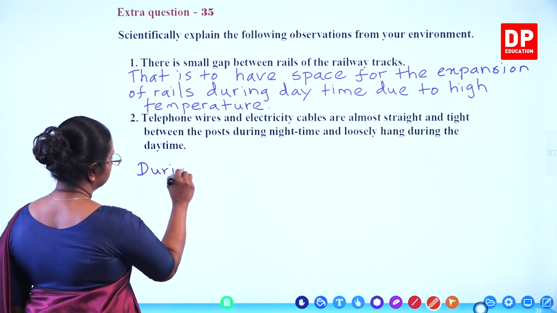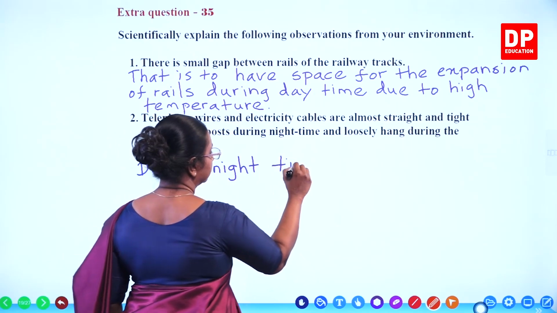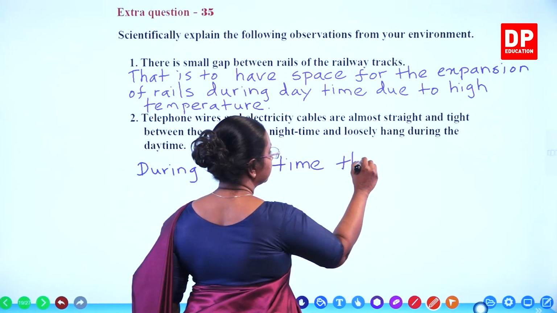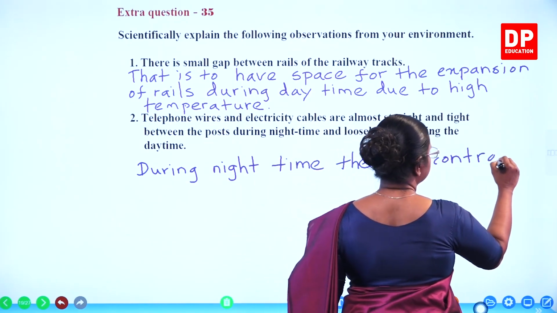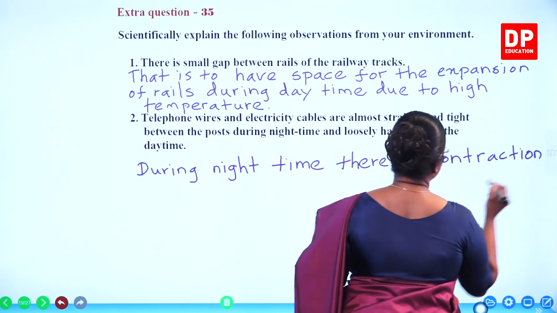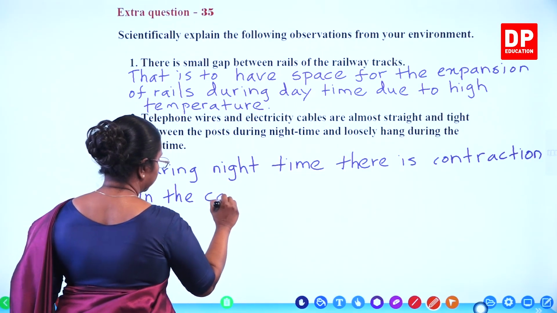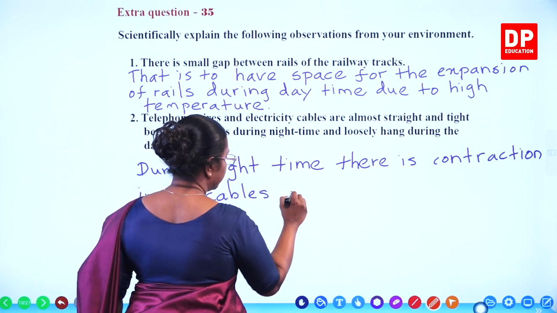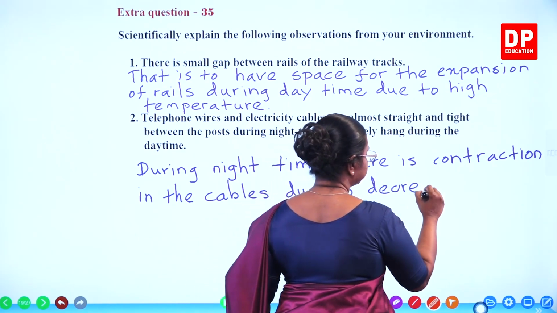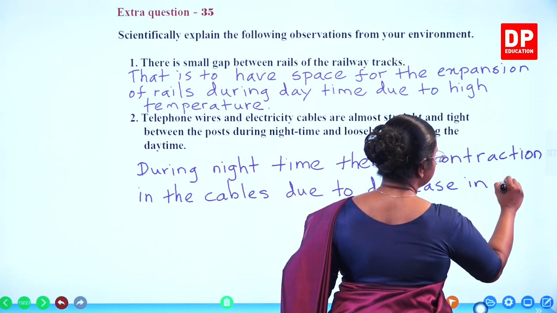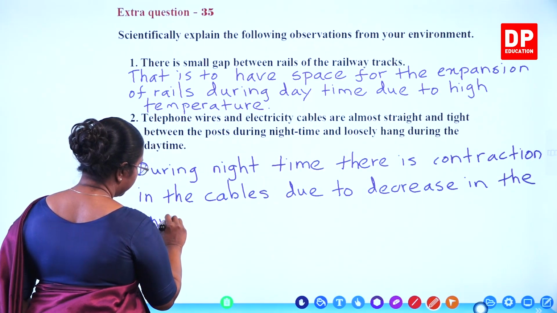During night time, there is contraction in the cables due to decrease in the environment temperature.